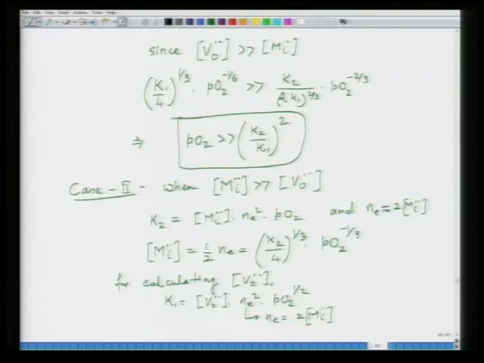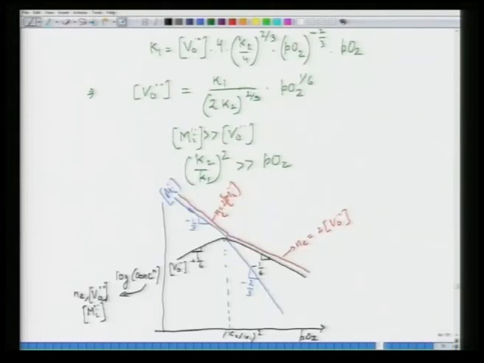Similarly, we took another case when MI is much larger than VO, and following the similar procedure, we worked out the VO and MI concentrations which have dependence of minus 1 by 3 and plus 1 by 6, and of course the boundary of partial pressure remains same, which means that partial pressure of oxygen has to be much smaller than K2 by K1 square for this region.